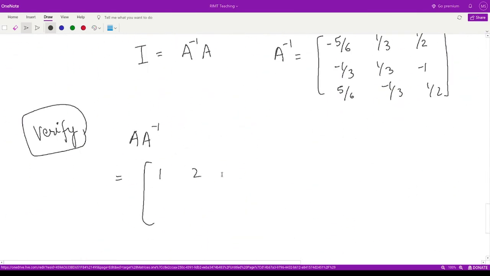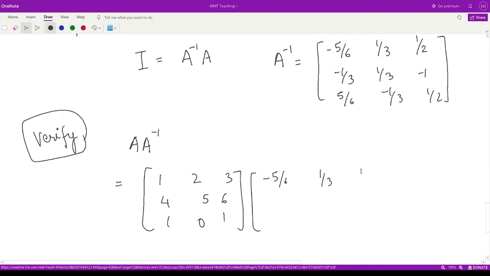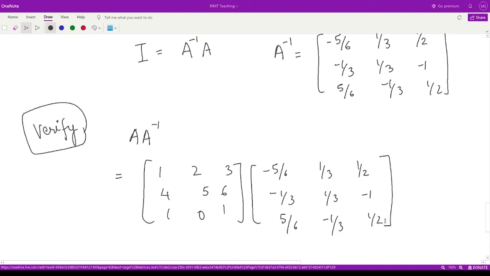It is 1 2 3 4 5 6 and 1 0 1, and the inverse matrix that we got here is minus 5 by 6, 1 by 3, 1 by 2, then minus 1 by 3, 1 by 3 and minus 1, 5 by 6, minus 1 by 3 and 1 by 2. So this is the matrix.